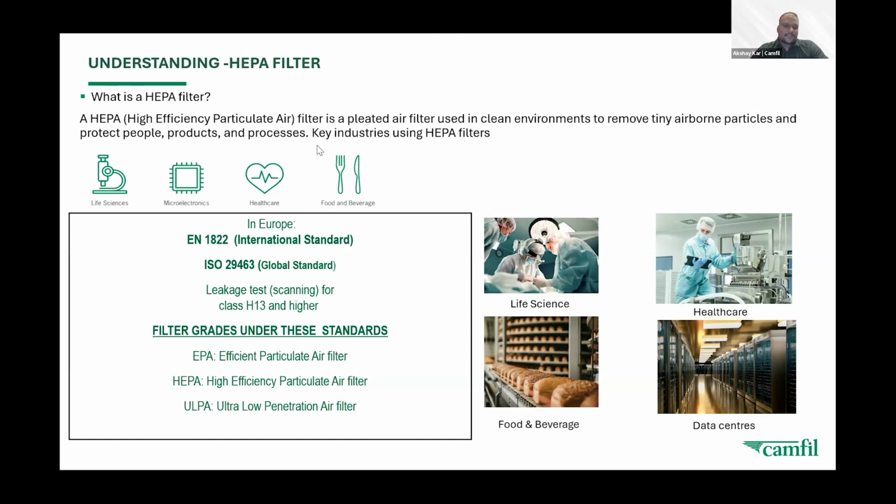EPA is the efficient particulate air filter, which is just lower than HEPA, and ULPA is a higher grade than HEPA filters. EN 1822 covers all three grades: E grade, H grade, and U grade, which are EPA, HEPA, and ULPA.